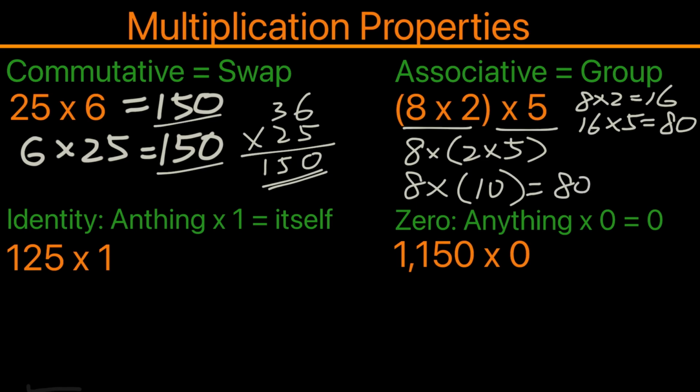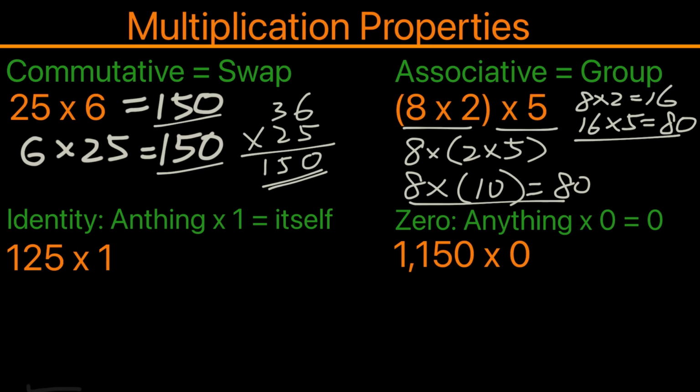With the second grouping, 8 times 10 equals 80, it's a lot easier to find the answer for than 16 times 5. So this property basically is saying you can group multiplications separately and the answer will come out the same.